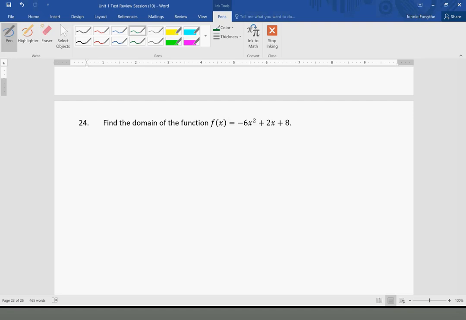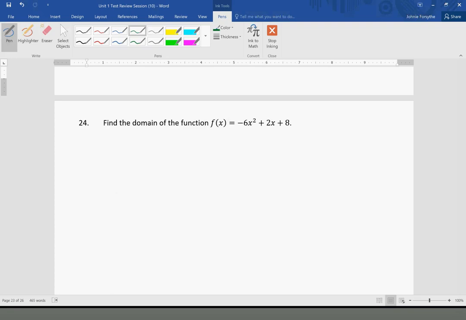The other scenario is if you have a square root. You never want a negative number under a square root because that would give you an imaginary number, and we're not talking about imaginary numbers right now. So you want to exclude any values that would make the radicand, the number under the radical sign, negative. If you don't have either of those situations, then it's all real numbers.